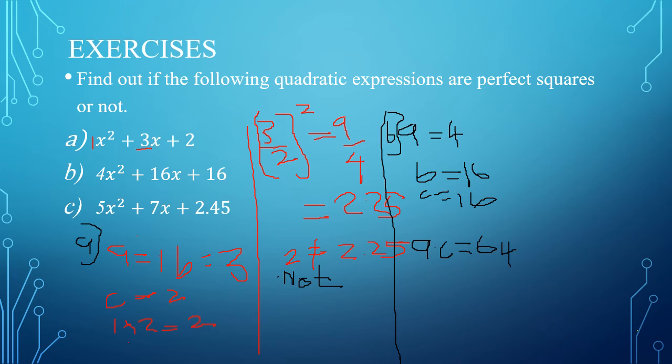And b over 2 is 16 over 2, which is 8. So b over 2 squared is equal to 64.